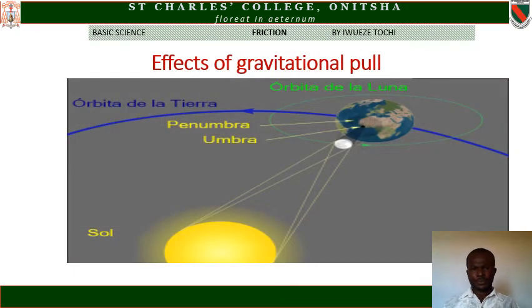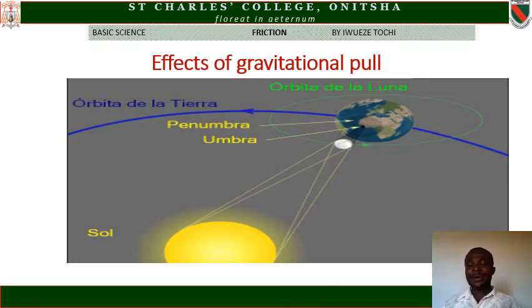Now, the diagram or the picture that you are seeing on the screen is showing you how the moon is rotating around the earth. Now you can see the green track.